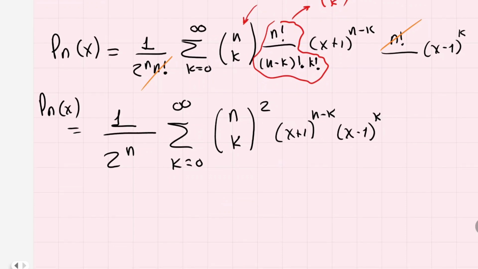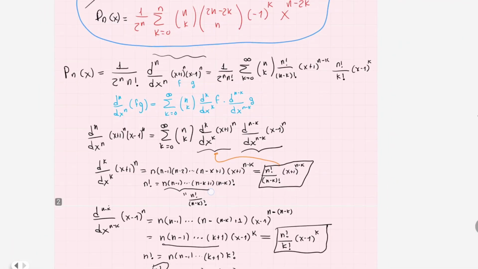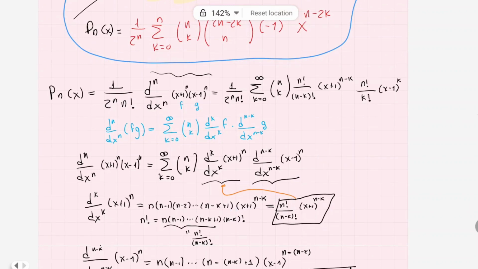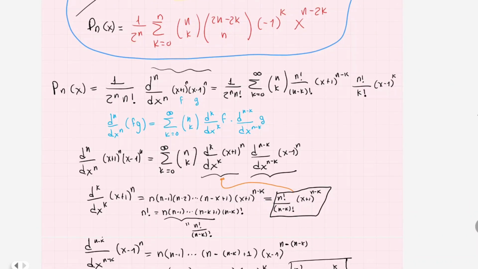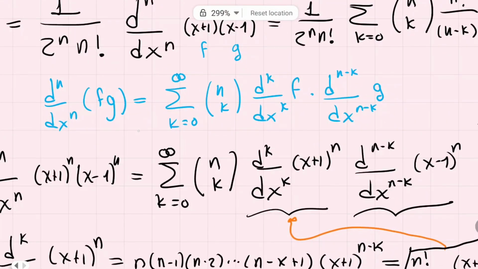So again, we have just found another series expansion definition for the Legendre polynomials. Okay, this will be the second important result of the video. And again, something similar to the first example happens. We used this formula to get the series expansion, but we took the kth derivative over f.